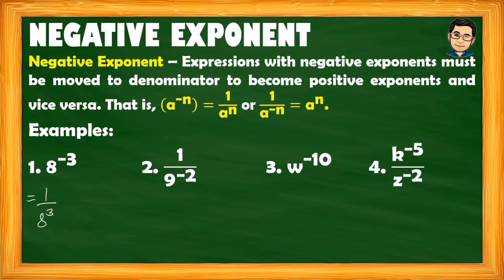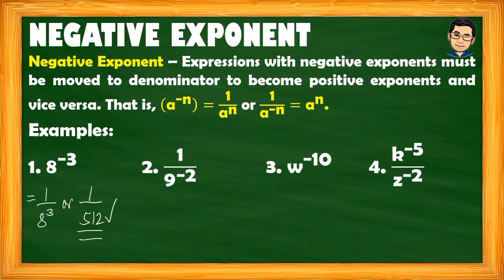So, kapag minove natin sa denominator yung expression o yung term, magiging positive na yung exponent. And then, simplify lang natin 8 times 8 times 8. That is 512. So, our final answer will be 1 over 512. As you can see, nakasimplify na yung final answer natin.